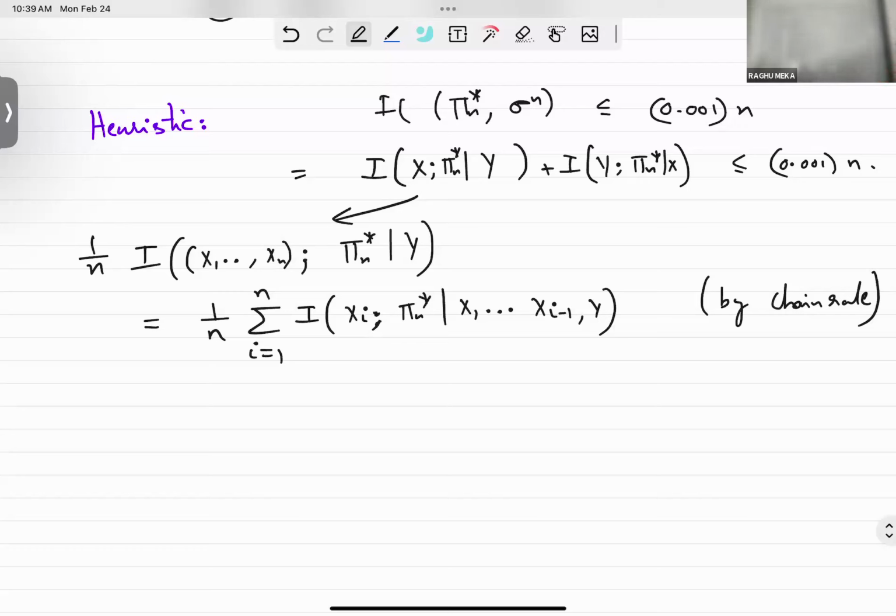Okay, so if I pick a random index I, at least this much is true. But of course, there's a difference in that you are conditioning on a lot more. There's y as well, the whole of y. So we don't know how to play that out. Okay. But at least, does it make intuitive sense as to why planting it at a random location could be useful? It's because of the chain rule, to put it at a random location, we expect the contribution of each individual term to be about 1 over n times the total contribution.